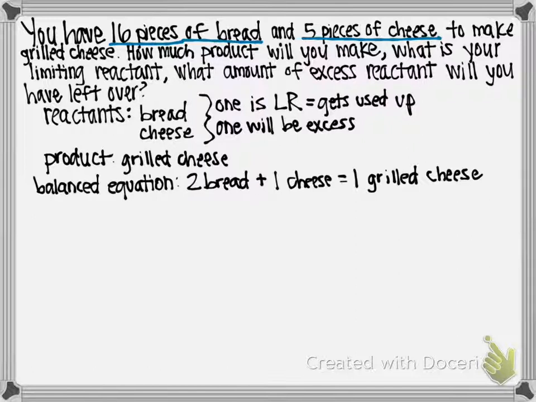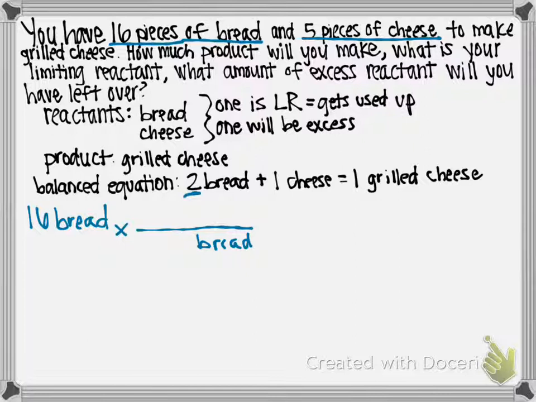We're going to start with 16 pieces of bread, and I want to figure out how much product it's going to give me. So I set up my conversion. You need to match your units diagonally, and I want my mole ratio of how much bread to how many grilled cheese.